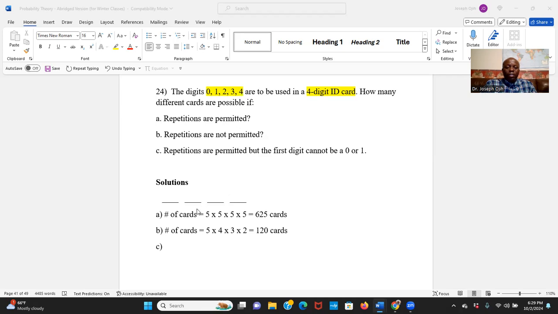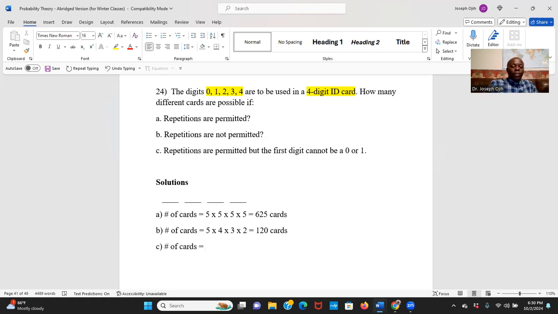So for the first digit, you have only 3 available. But for the rest of the slots, we can use any of the numbers, 0, 1, 2, 3, 4, in any order. So for the first slot, there's a restriction, but the remaining slots have none.